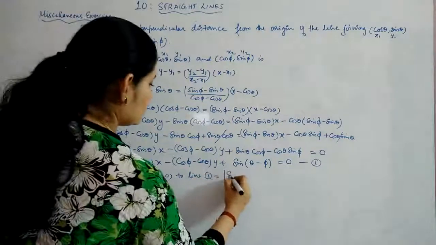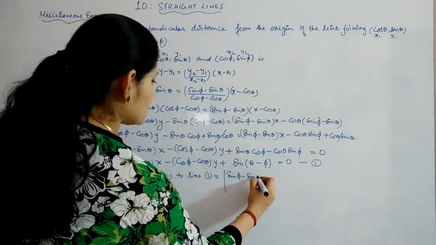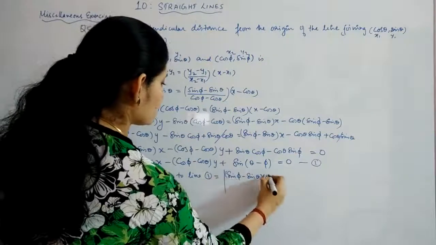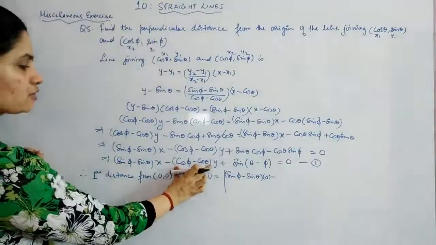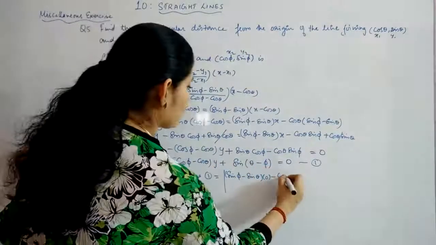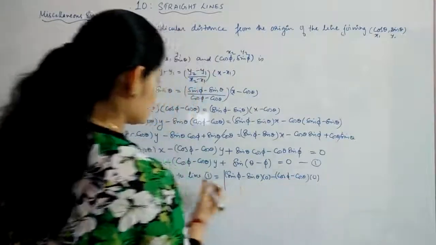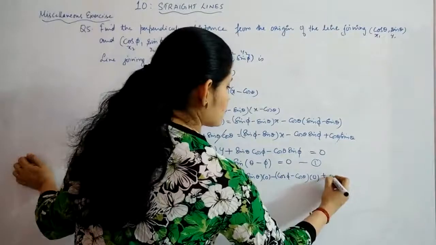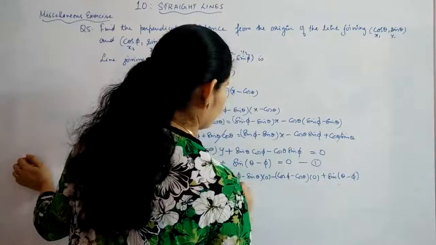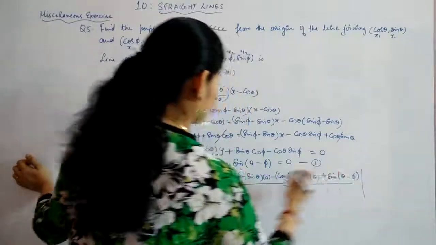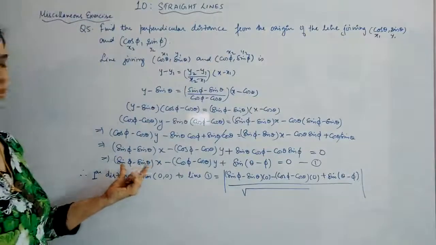So you will get sine phi minus sine theta into 0 plus b into y1. So b is negative cos phi minus cos theta into again 0 plus c, which is sine of theta minus phi, divided by root of a square plus b square.